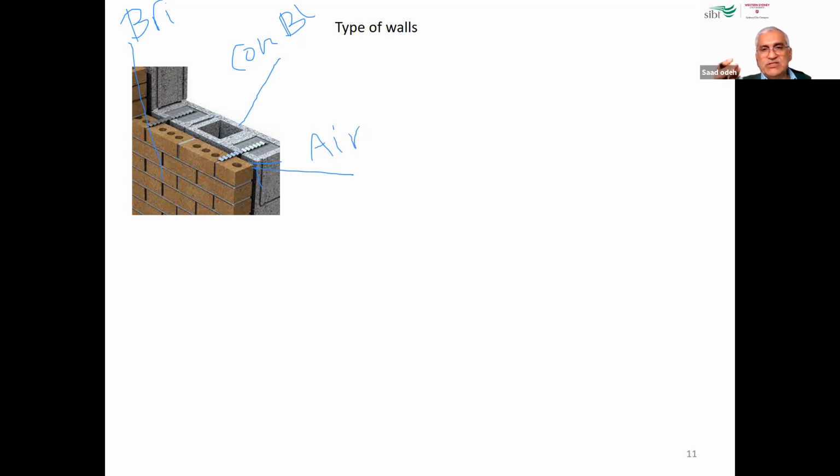kind of insulation for the wall, because when you put air, you are increasing the thermal resistance of the wall. And this is actually what we want, to increase the thermal resistance of the wall so that we don't lose heat during winter, and in the meantime we don't gain heat in summertime.